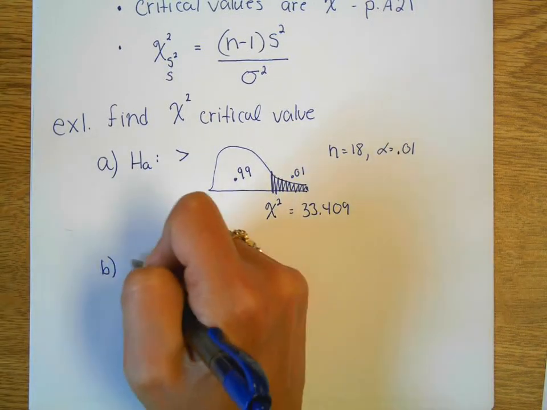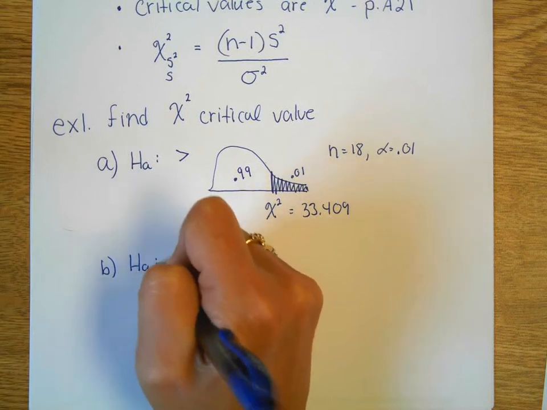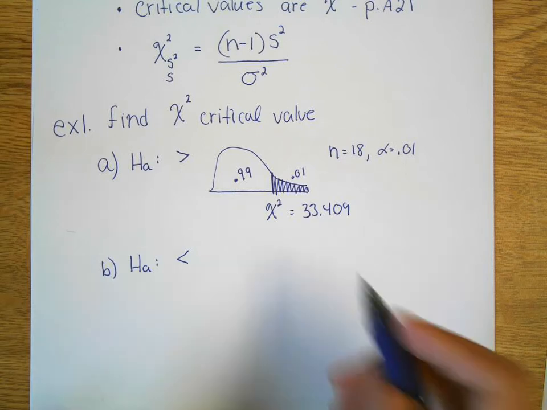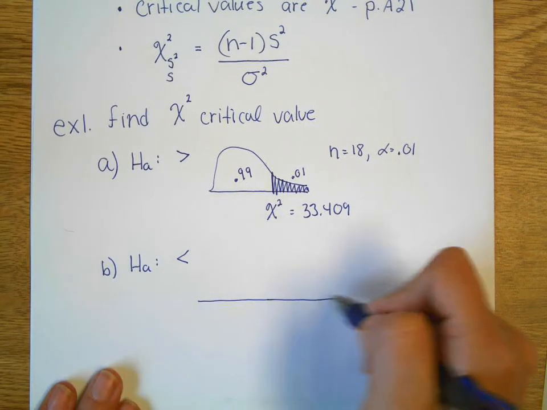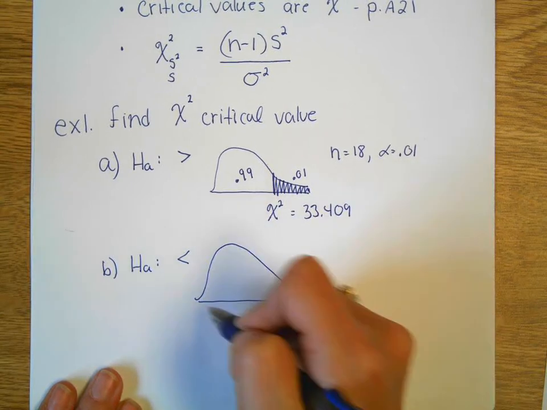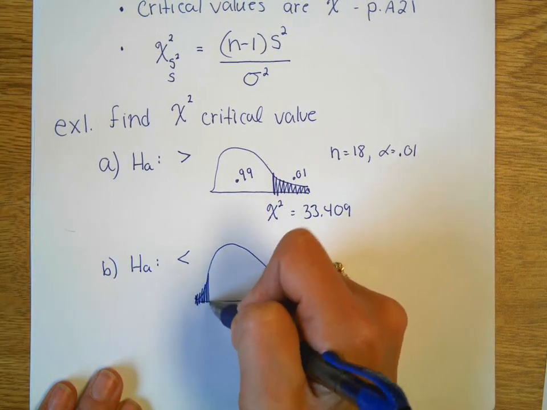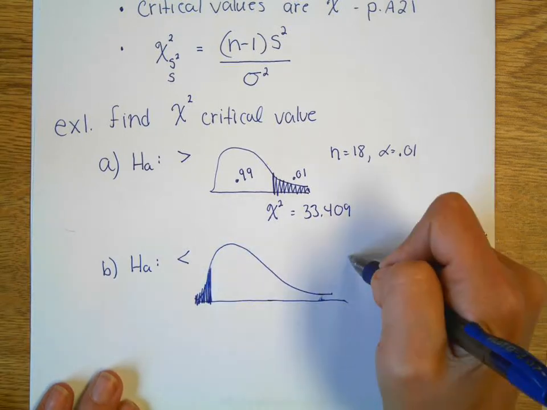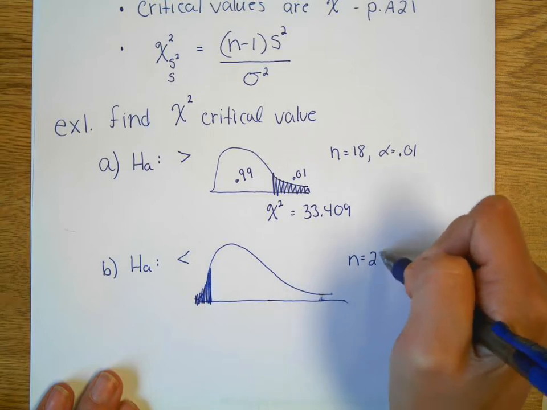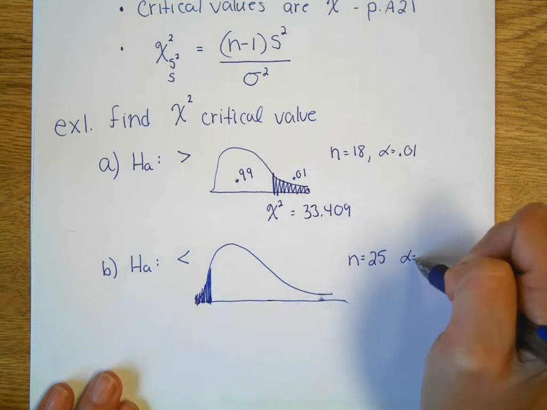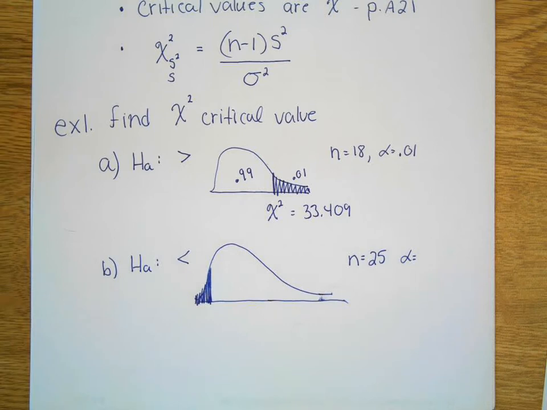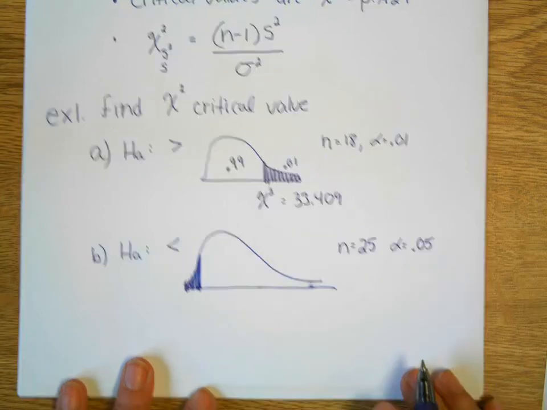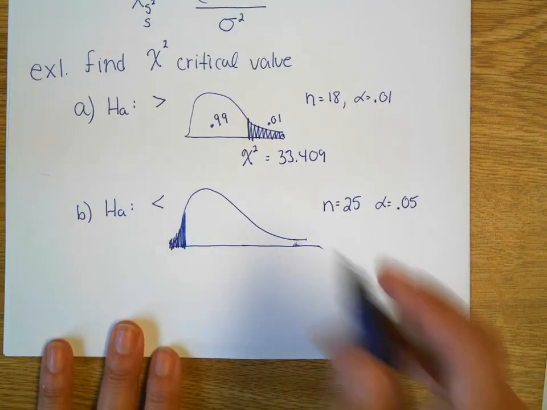All right. If the Ha has a less than, our shaded region is to the left. This time we're going to let n equal 25 and alpha equal 0.05. So you know the shaded is the 0.05.